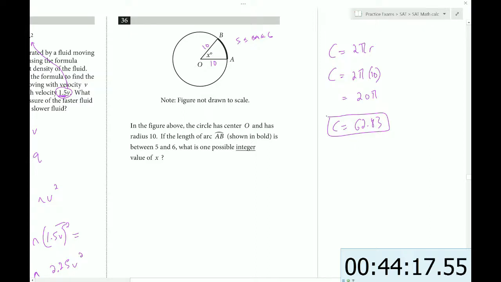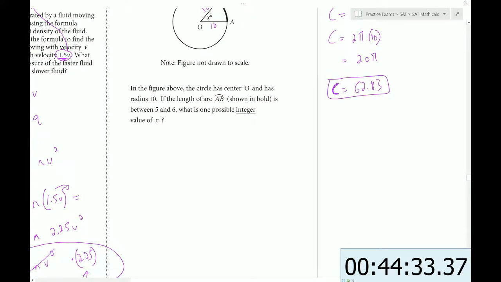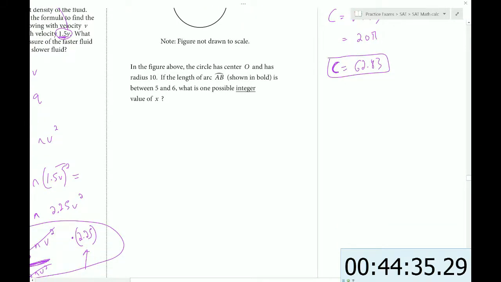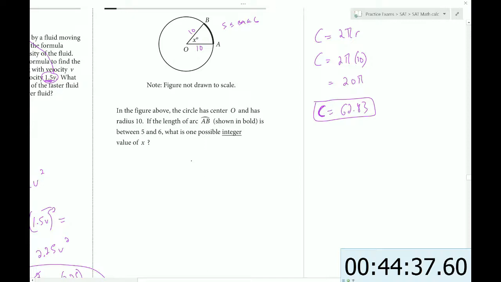Okay, so now we want a certain fraction of that. All right, so here's one way we could do it.